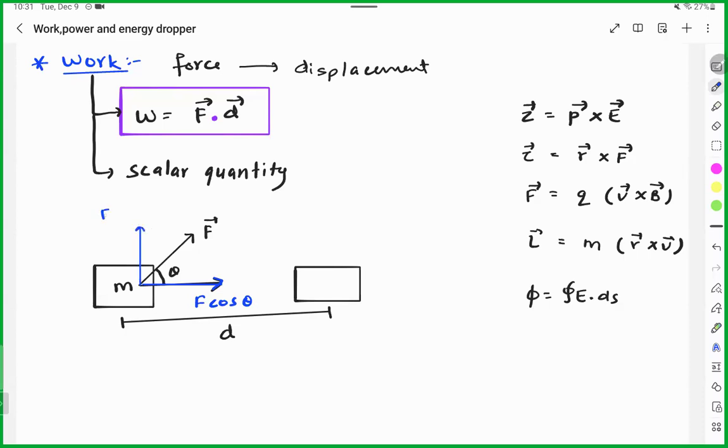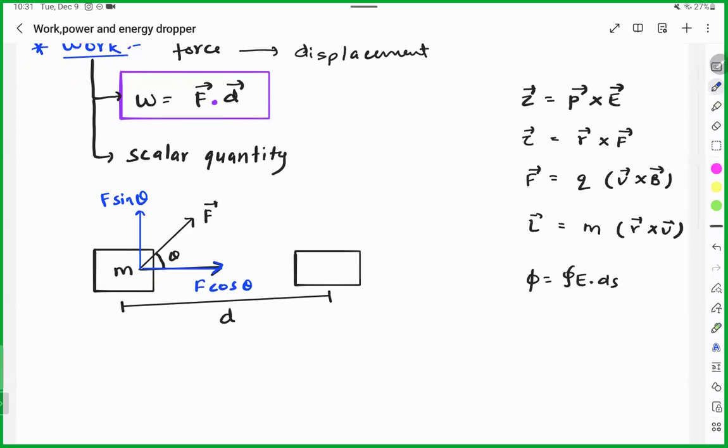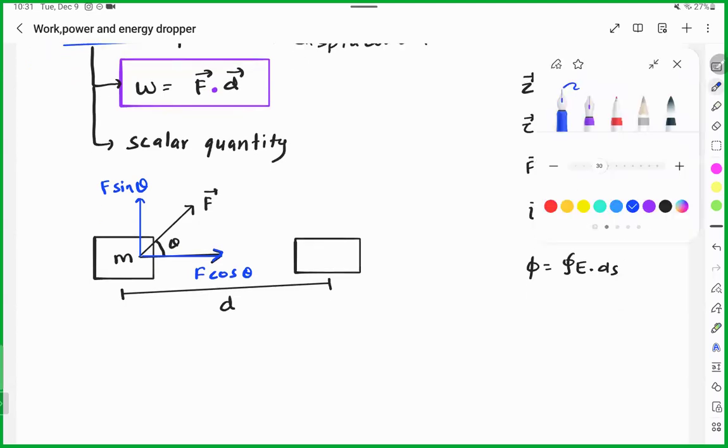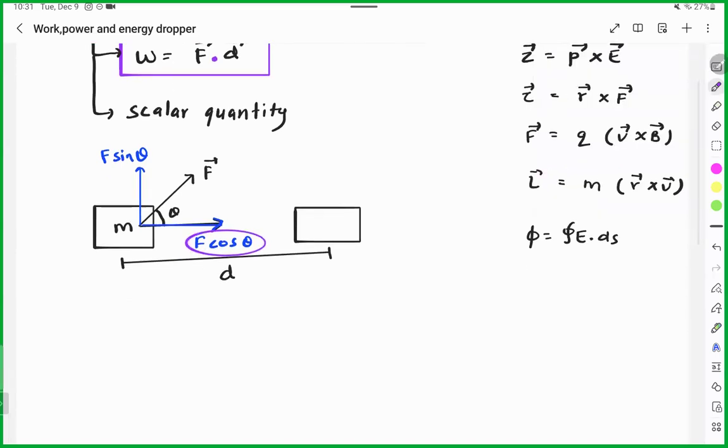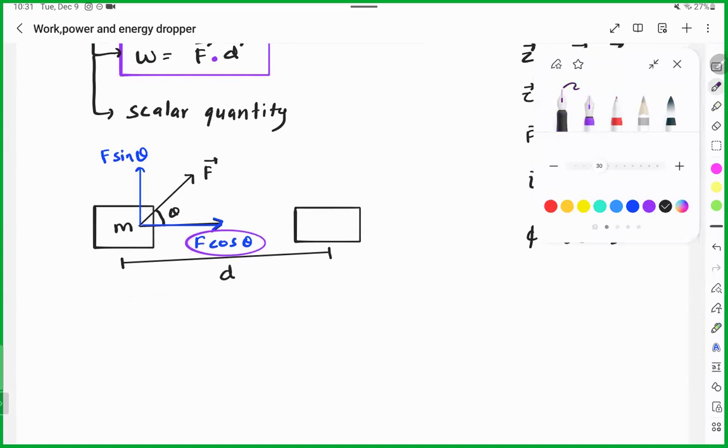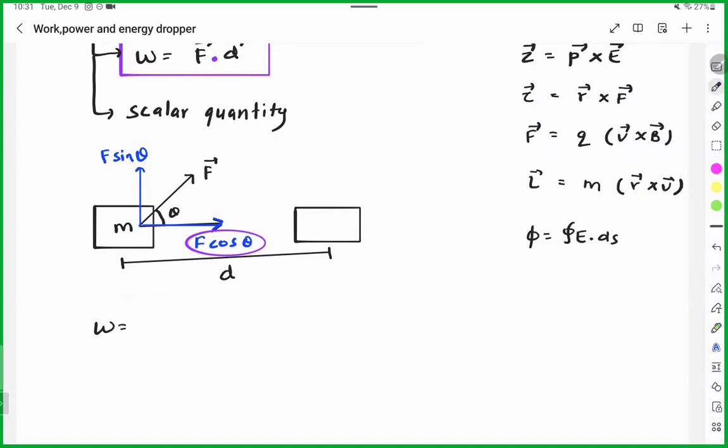Sin theta. Okay, so we know this cos theta is responsible for the actual displacement. That's why if you calculate work done here, what will be the value? Force is actually F cos theta, which is responsible for displacement, into displacement. So FD cos theta. Correct.